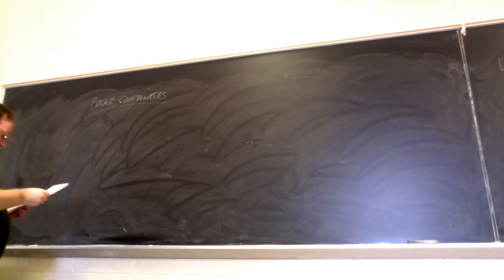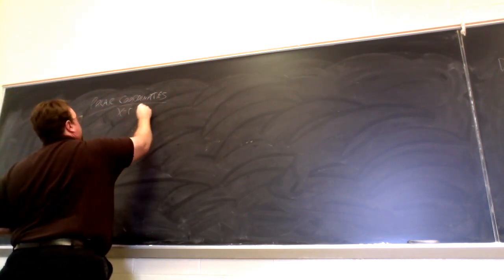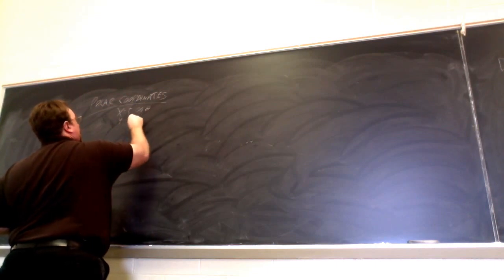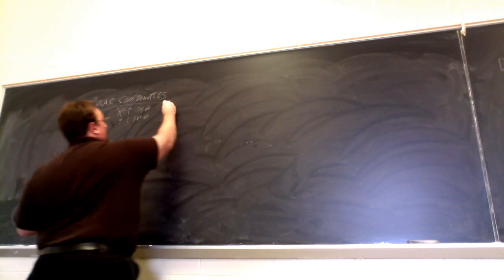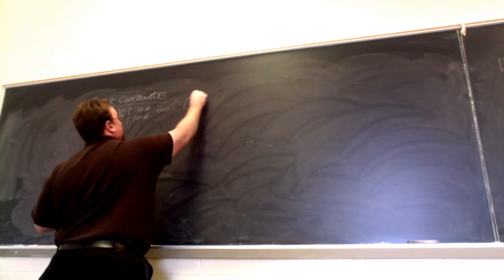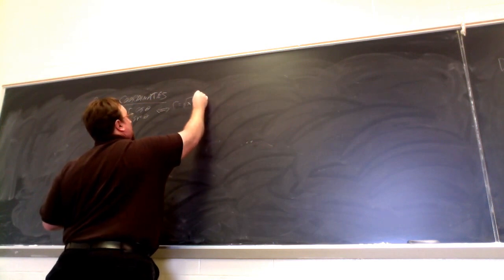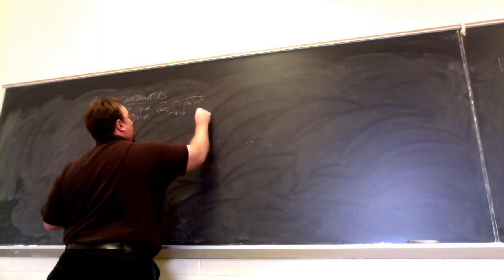All right, so polar coordinates: x is r cosine theta, y equals r sine theta, and going the other way, r is the square root of x squared plus y squared, and tangent of theta is y over x. I'll give you a quick rundown of how you would perform a conversion.